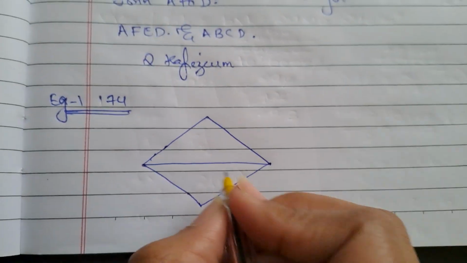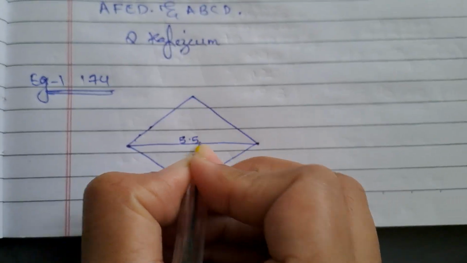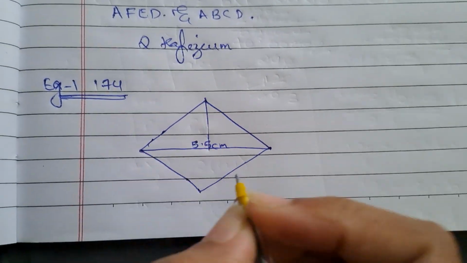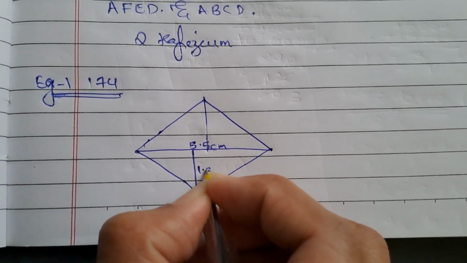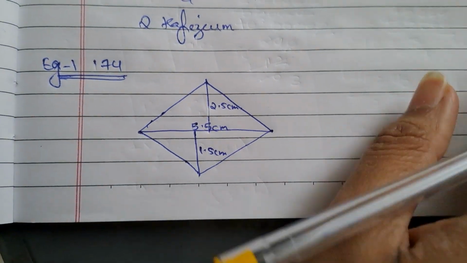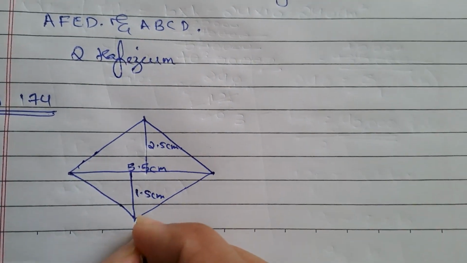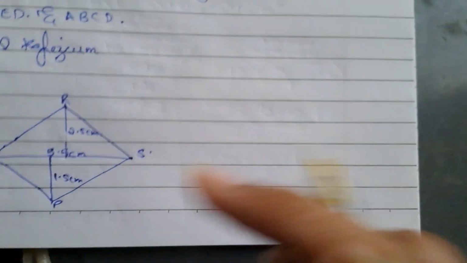Then this value is given to me as 5.5 centimeters, this is 1.5 centimeters, and this is 2.5 centimeters. अब मुझे इसका area निकालना है. This is P, Q, R and S. Now I have to find the area of this one. Now what do I see here?